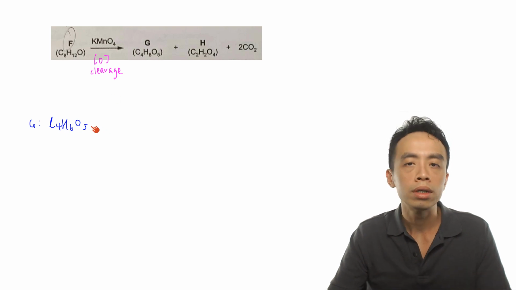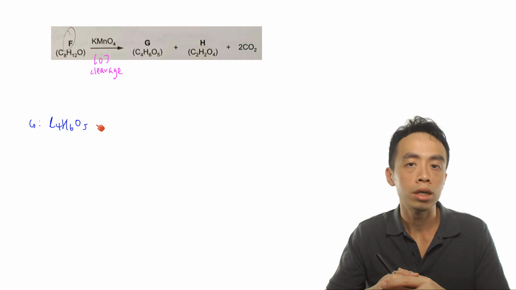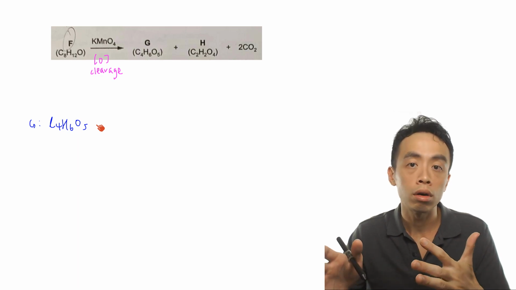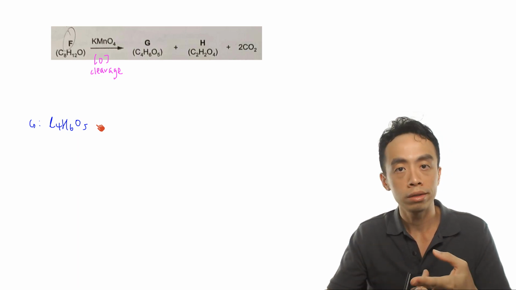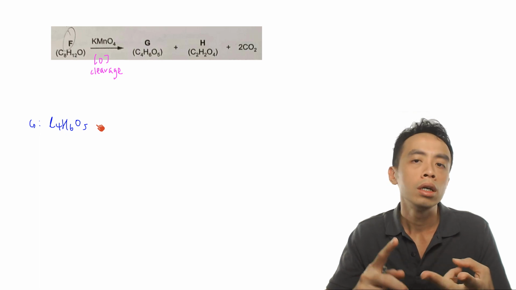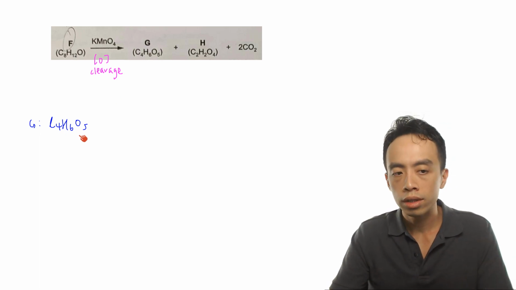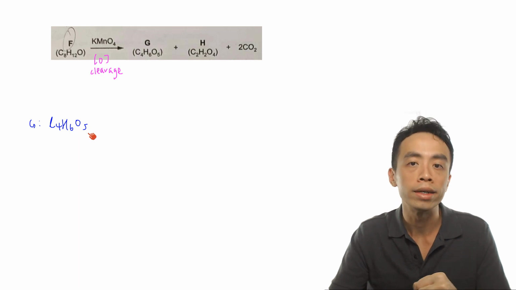If it is an odd number, then at the beginning we will think it has to be a ketone, because the product of oxidation of alkene has to be ketone, acid, CO2, and water. Acid has 2 oxygens, ketone has only 1 oxygen. So this looks like a combination of 2 acids plus 1 ketone.